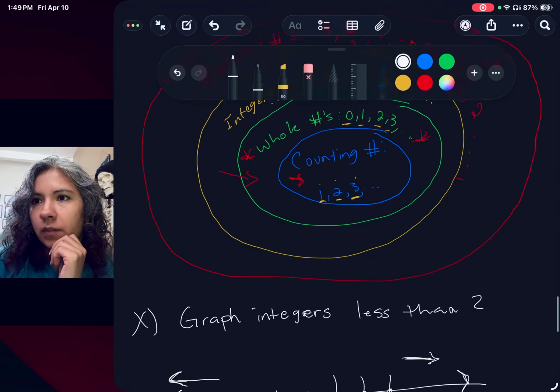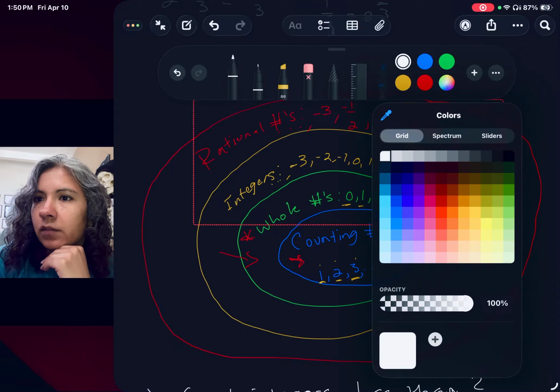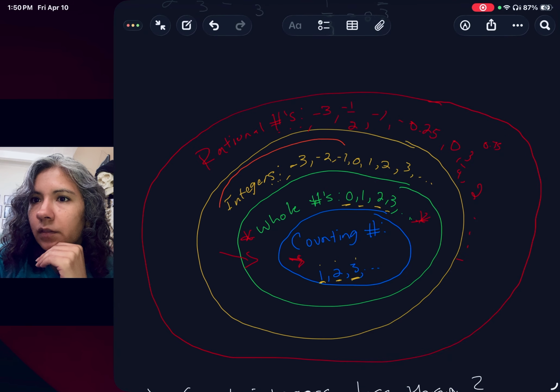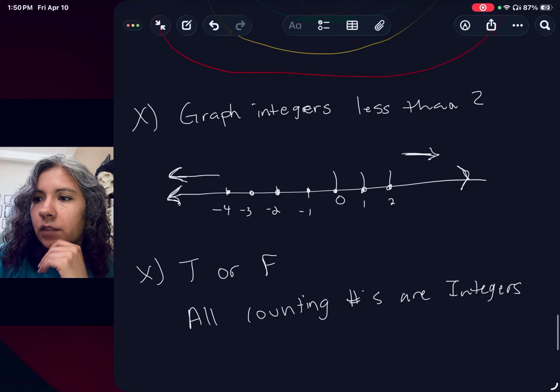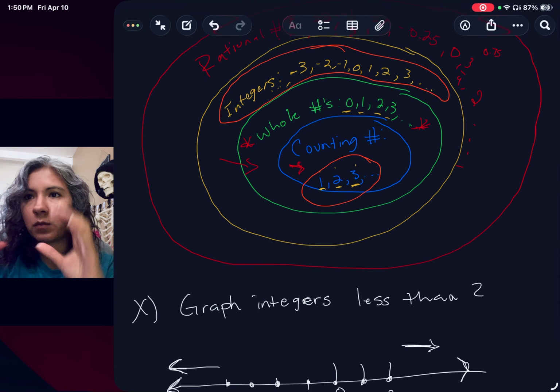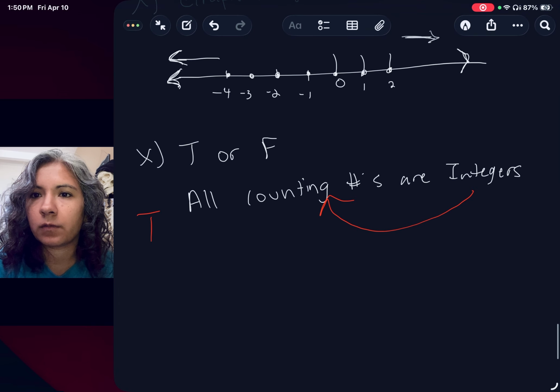Is that true or false? So the integers here, these numbers are counting numbers too. So integers include all of the counting numbers, right? Counting numbers are inside of the virus already. So this is going to be true.